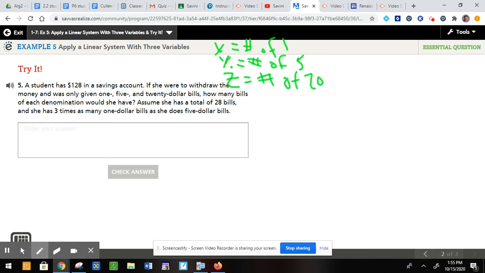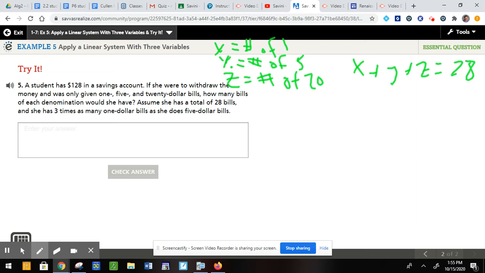The easiest one to write is where it says she has a total of 28 bills. So that means just adding those three up. So x plus y plus z equals 28. I think the next easiest one to write would be the one based on the money.